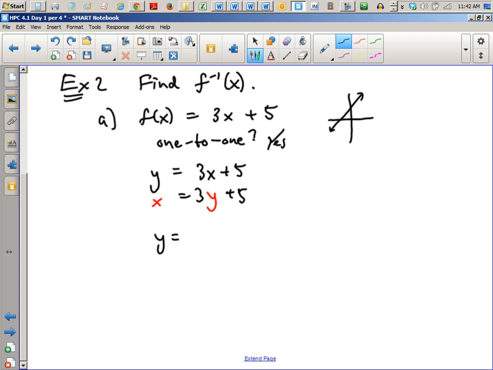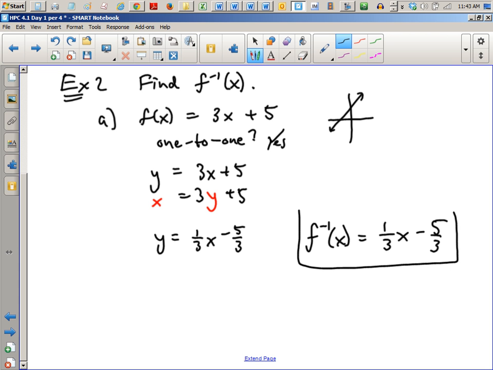Y is equal to 1/3 x minus 5/3. This is your inverse function. If you don't mind writing this for me, that'd be nice. F inverse is 1/3 x minus 5/3. I just basically subtracted 5, and then I divided by 3. Okay, that one's not too bad.